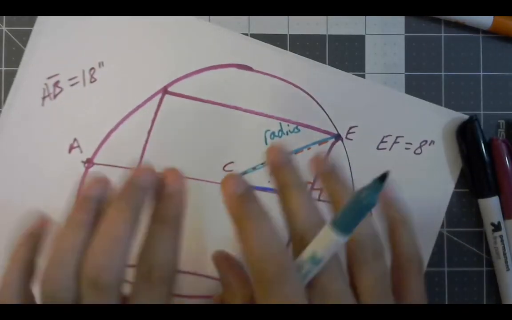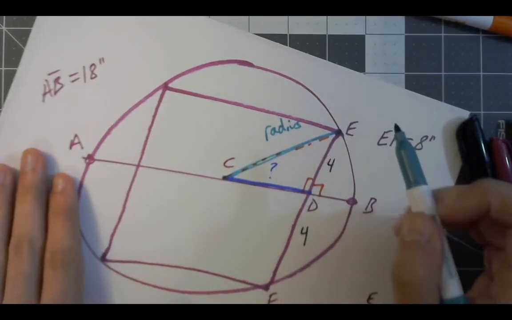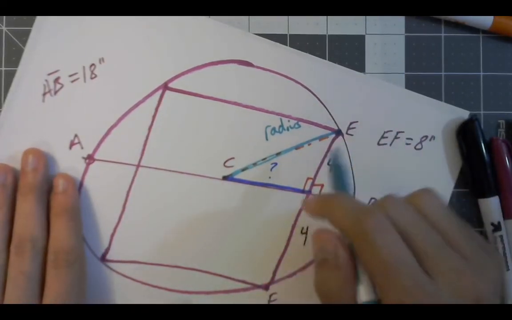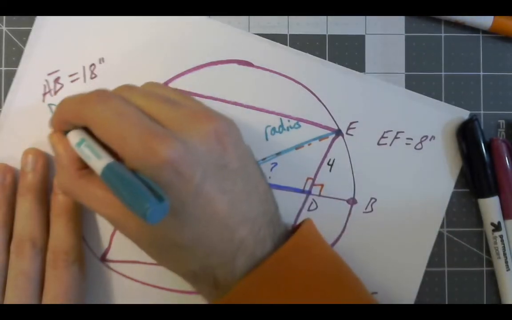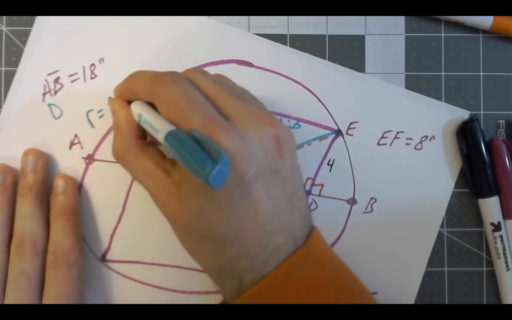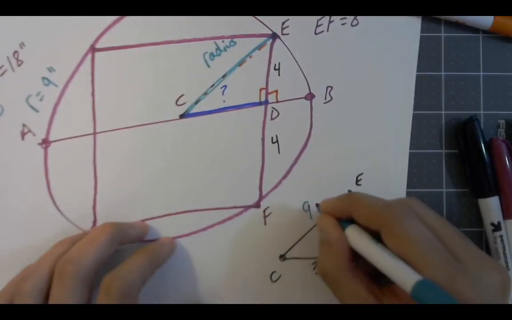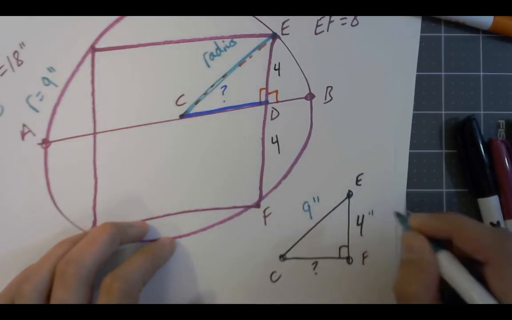Try to block everything else out. This, to the outside of that circle and that corner of the triangle, is a radius. Well, this is the diameter, so I need to cut this in half. So my radius is 9 inches.